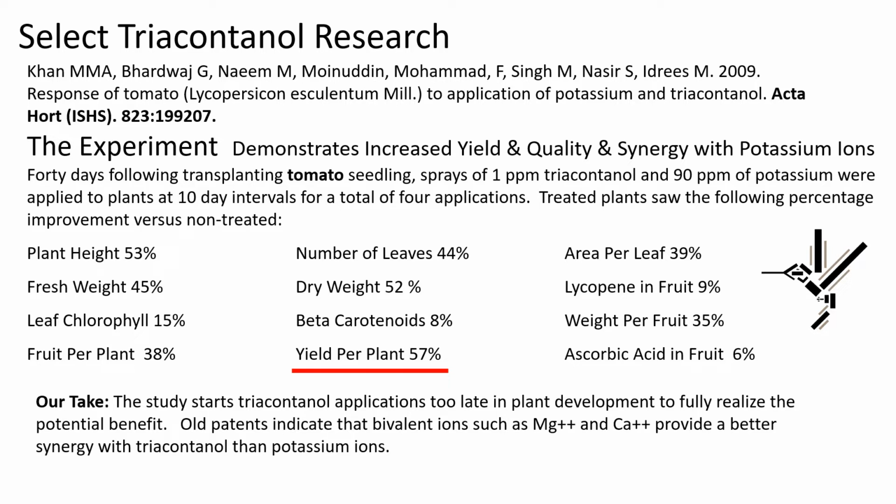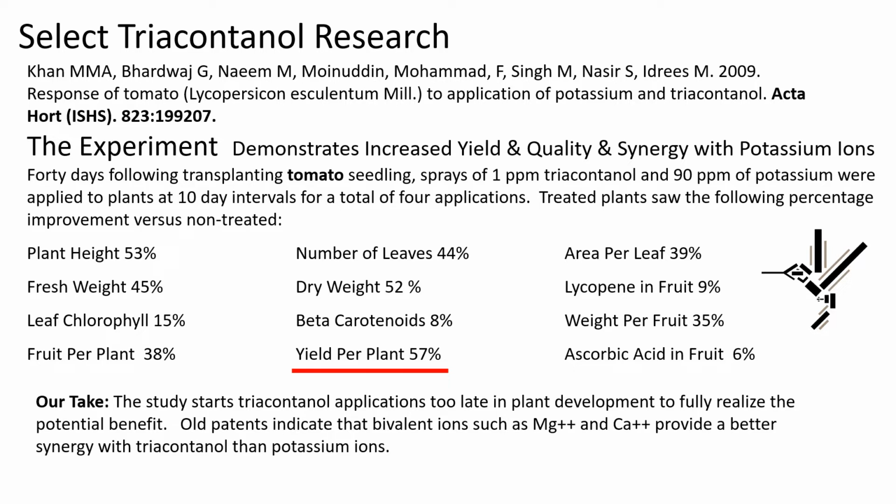Treated plants saw the following percentage improvement versus the non-treated. You can see about everything you could quantify on the plant benefited from those applications. And most significantly, because I think if you're a farmer, you care about yield and quality, the yield per plant was increased by 57%.